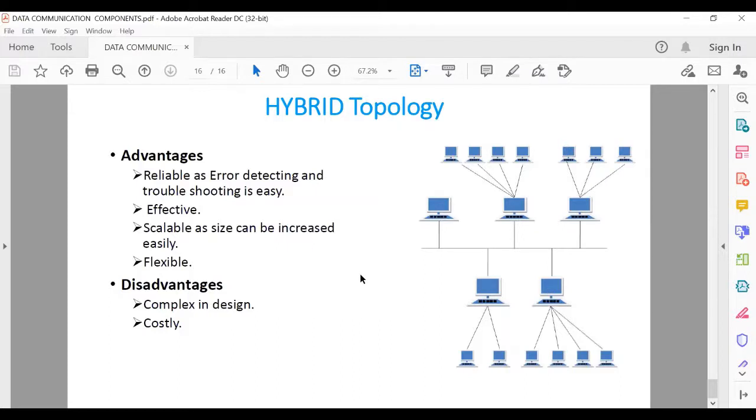So it is a combination of several topologies, and it inherits the advantages and disadvantages of those topologies. Like if ring topology and star topology both are implemented here, then the advantages and disadvantages of ring topology and of star topology will be incorporated into this system.